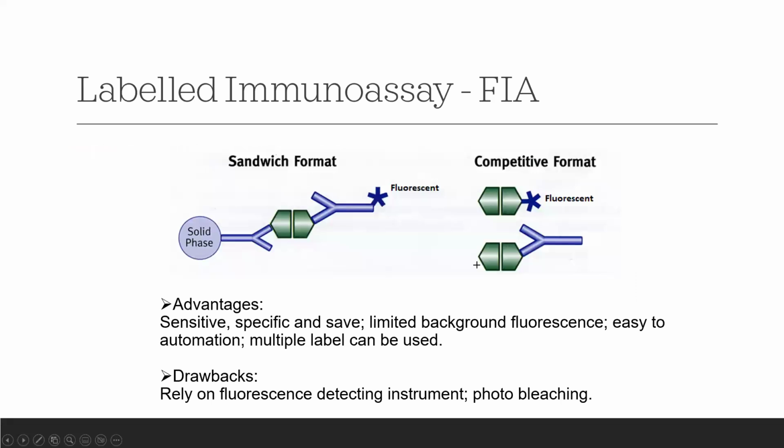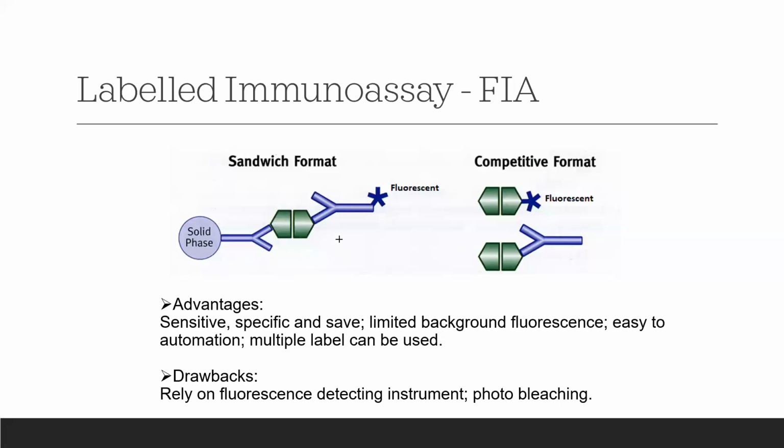The next few slides are about fluoroimmunoassay. It's the same picture; the only difference is the label has changed from the isotope to fluorescent. Fluoroimmunoassay can be either competitive or non-competitive. The advantage of FIA is that it's safe, with no radiation.